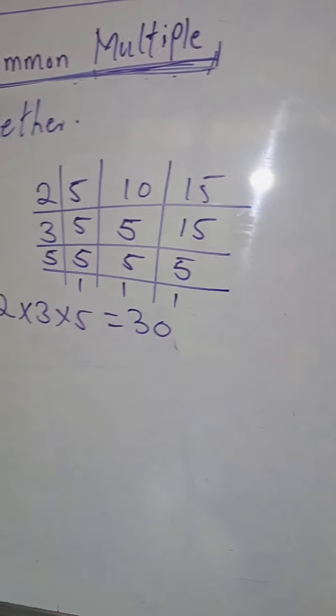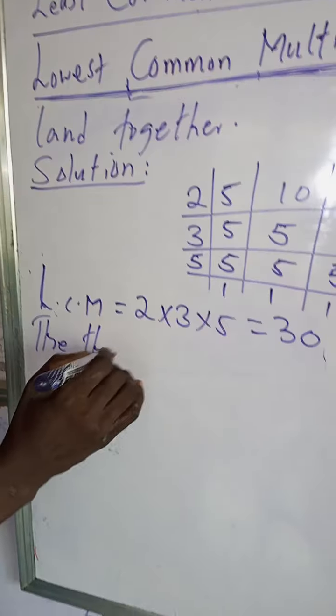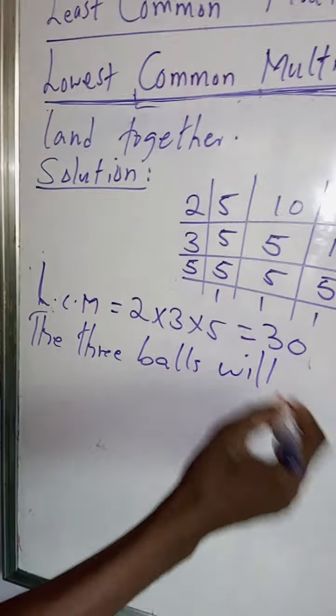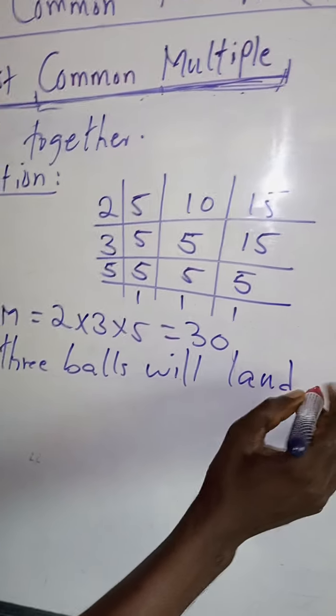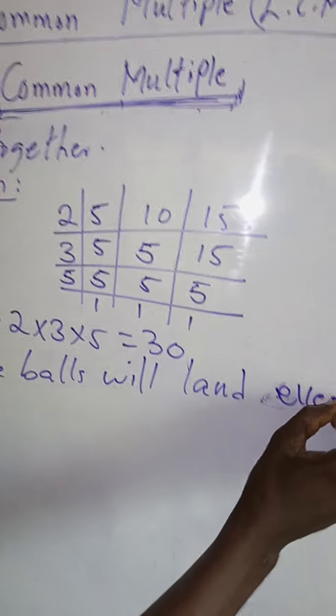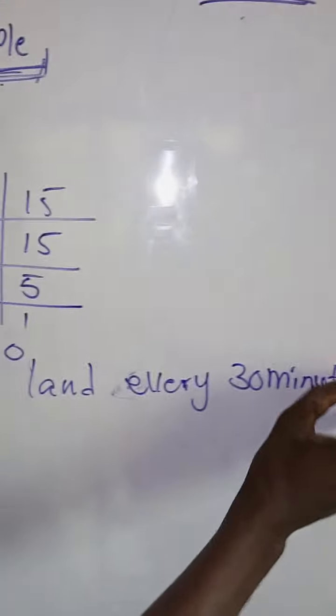I'll say the 3 balls will land every 30 minutes. Once it's 30 minutes, all the 3 balls will hit the floor and move back.